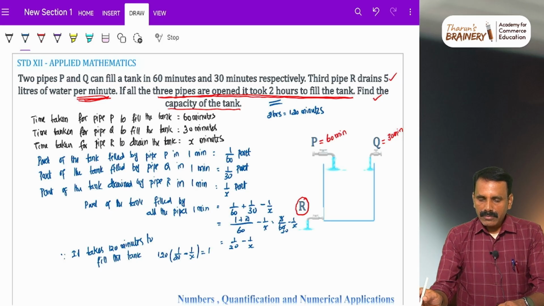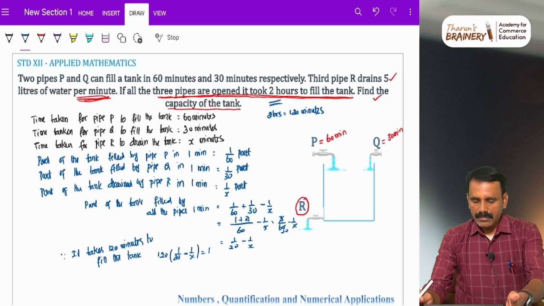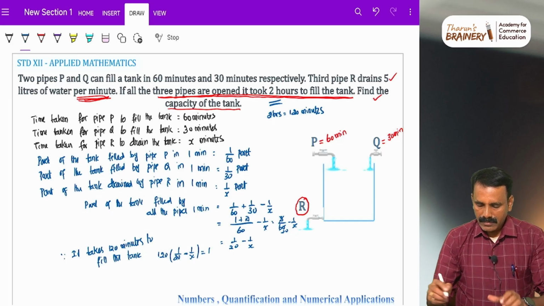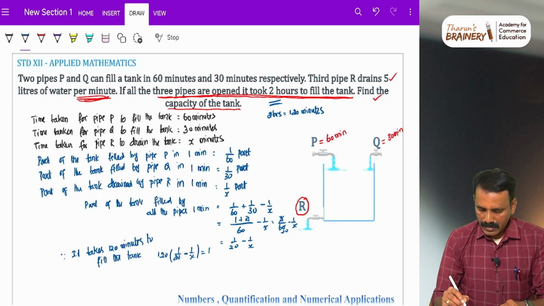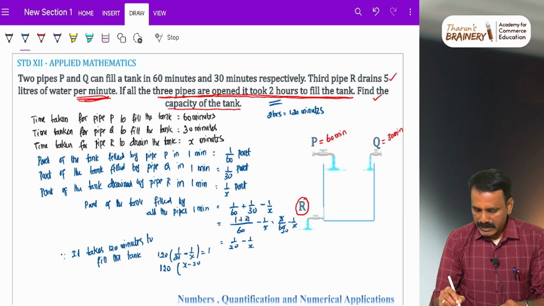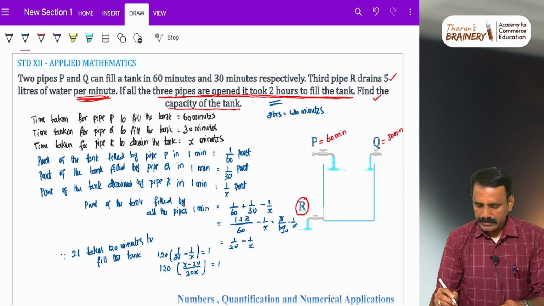We take LCM now. 120 into X minus 20 divided by 20X is equal to 1.